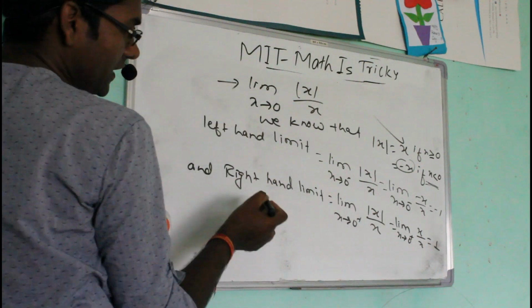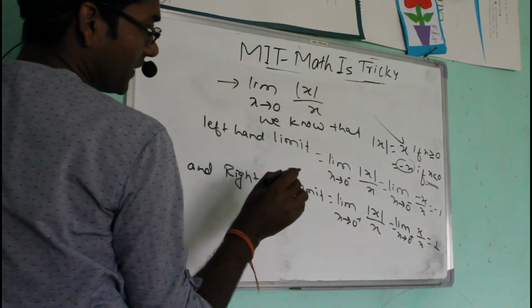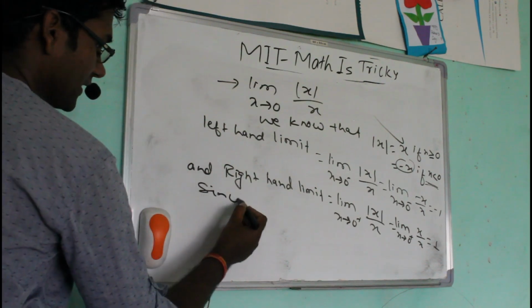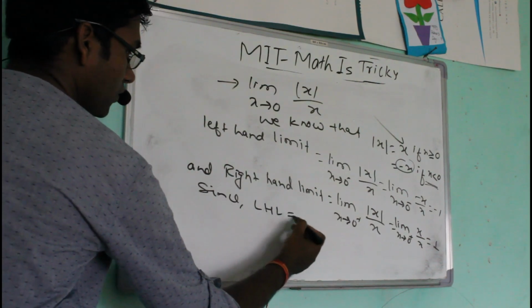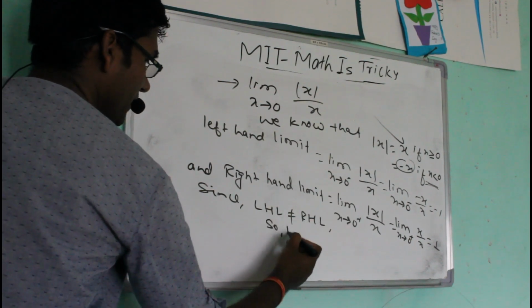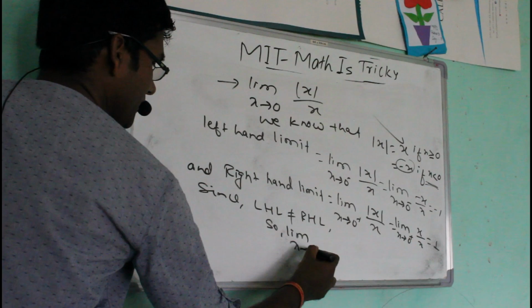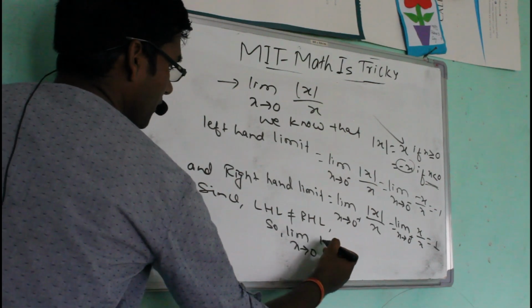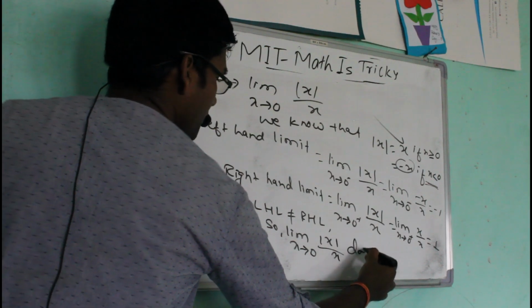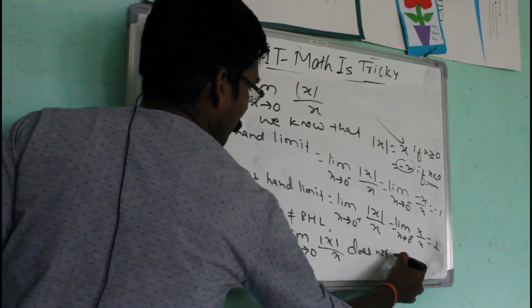Although the left hand limit and right hand limit are finite numbers, they are not equal. Since the left hand limit does not equal the right hand limit, we can write that limit x tends to 0 of modulus x by x does not exist.